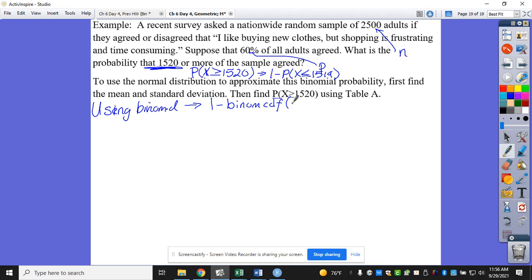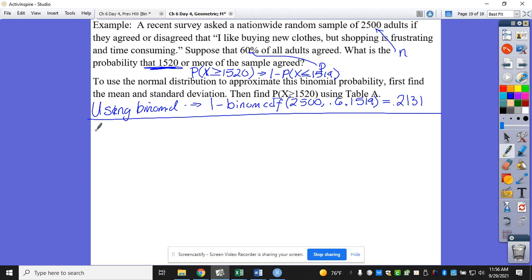Your n. What's the second number you plug in? What's the third number you plug in? Your x value, which in this case would be this one. What do you end up getting there? 213 what? So that's using today's method.